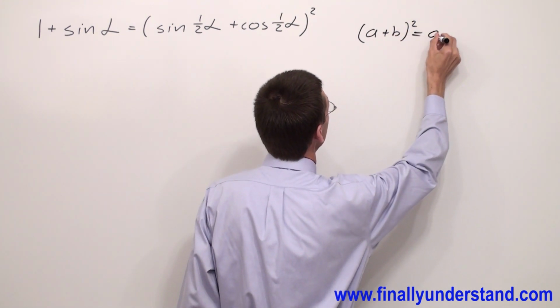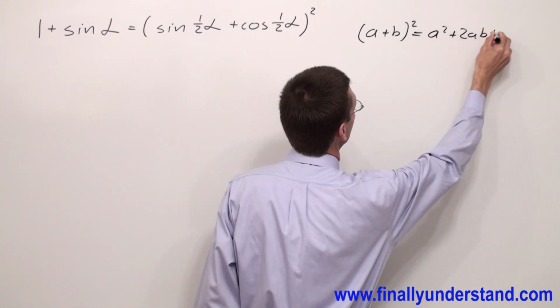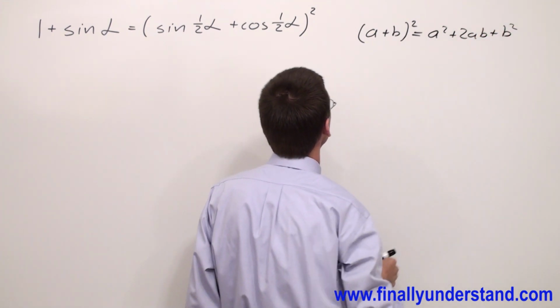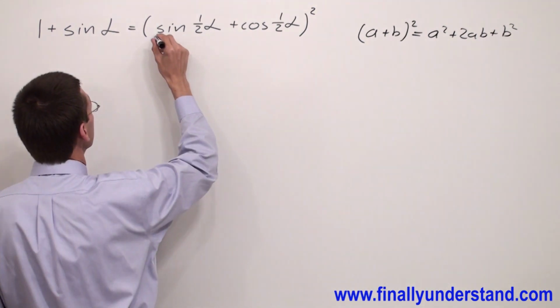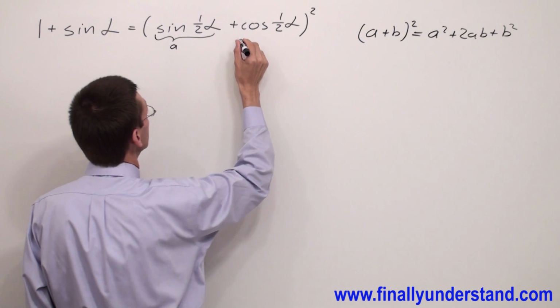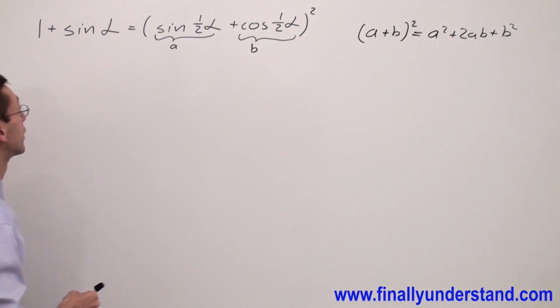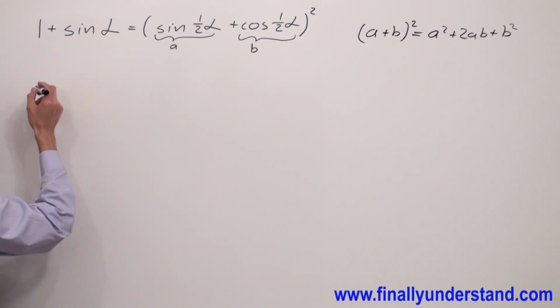And I have A squared plus 2AB plus B squared, where this is going to be my A and this is going to be my B. Okay, so let me rewrite the right side first.